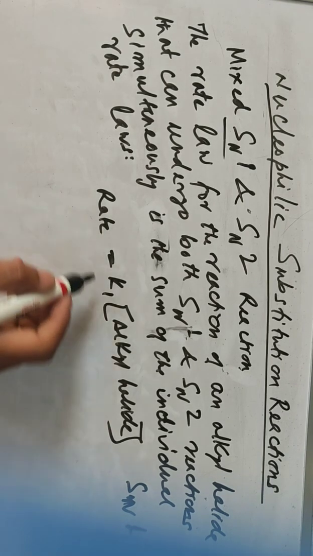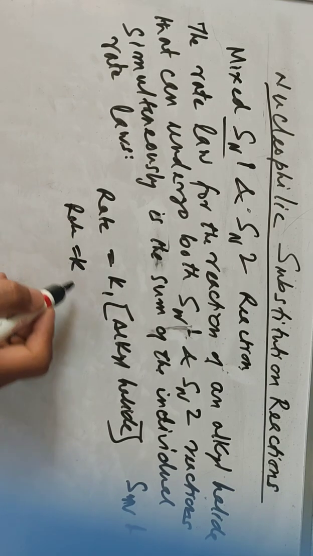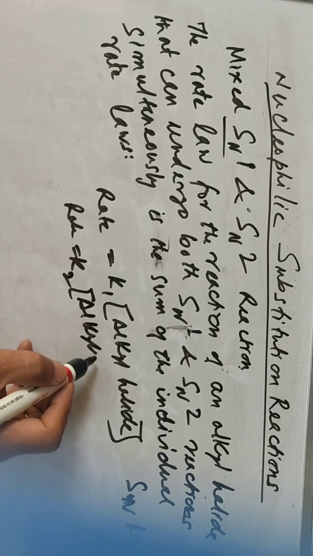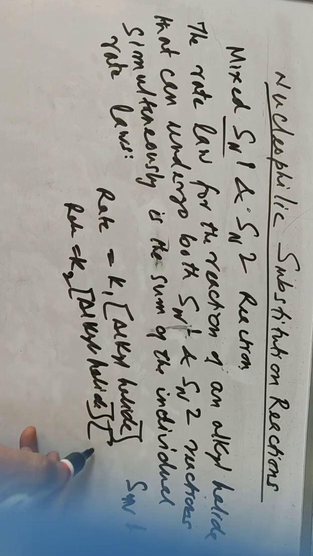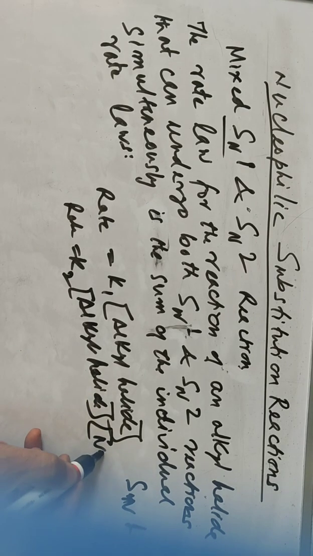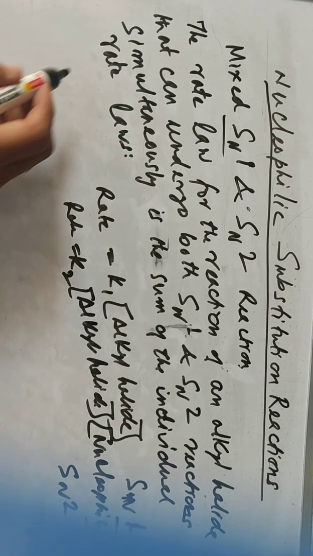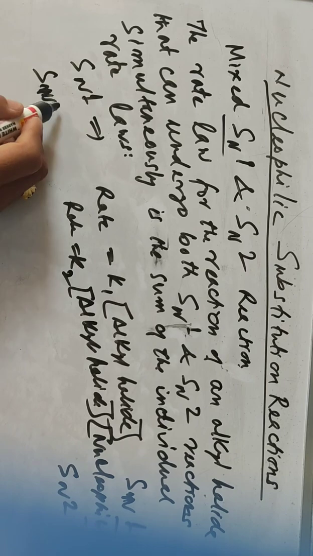But in the case of Sn2, this is bimolecular, so the rate depends on the concentration of alkyl halide as well as the concentration of the nucleophile. So this is for Sn2, and this one is for Sn1.